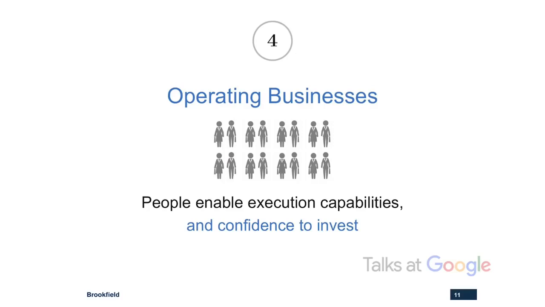Often people have restrictions on the way they invest, and if you can be more agnostic to that, it's helpful to the long-term returns. And lastly, our operating businesses give us a strategic advantage to be able to run the businesses and operate the things once we're there.